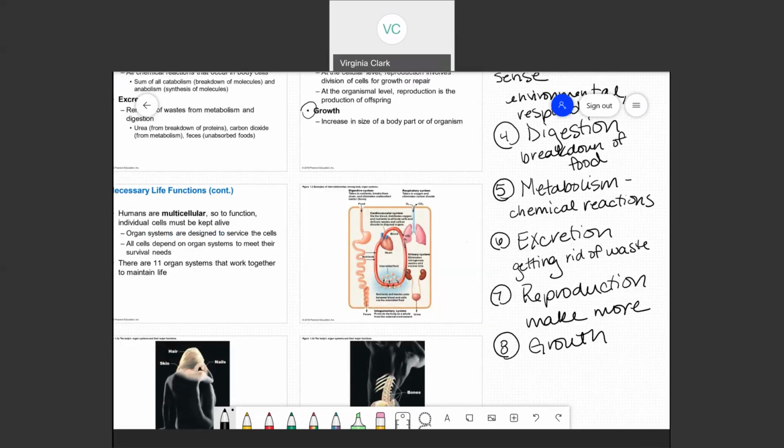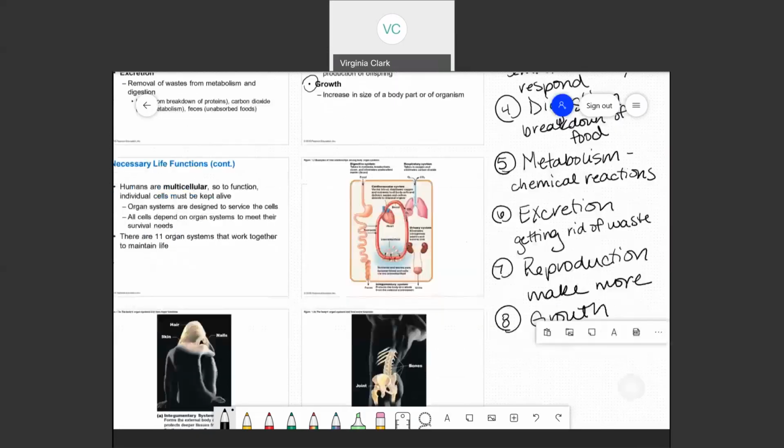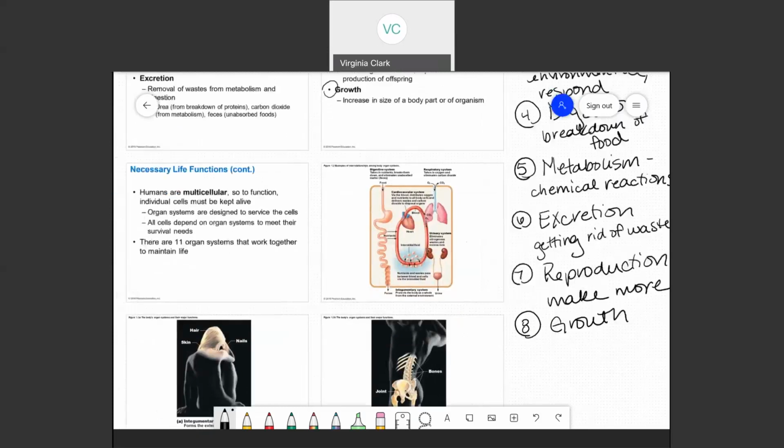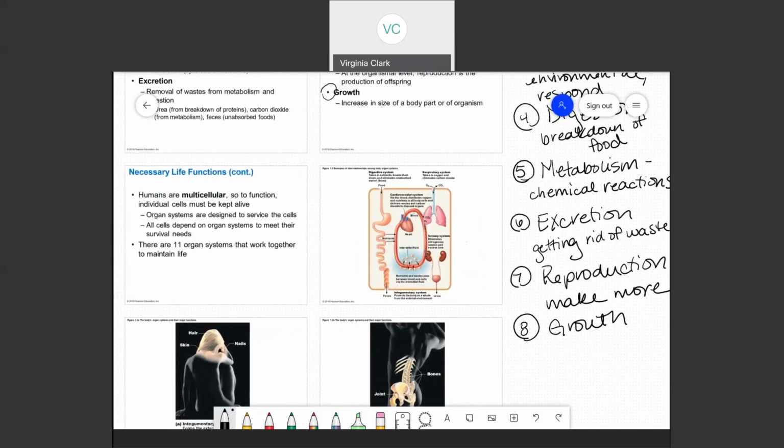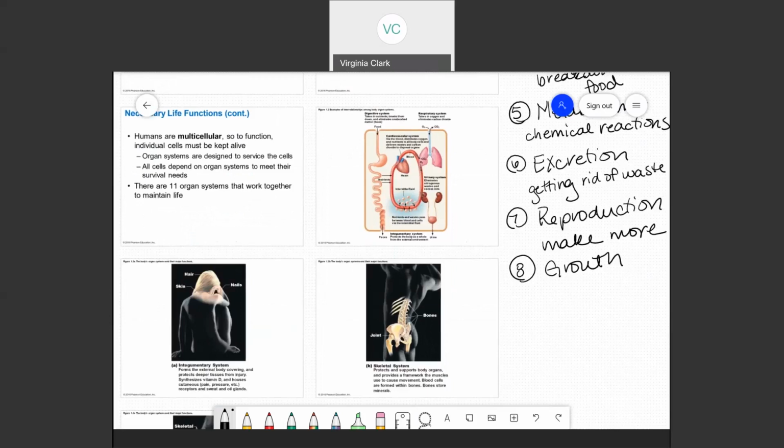The same thing is going to happen on a smaller structural level where all of the pieces inside of our body, on a cellular level, on an organ level, everything is going to increase and grow in size. So you have to have that because we do not stay the same size as when we are reproduced. So those are all of the basic necessary life functions that you're going to need to just kind of stay as a global working whole.